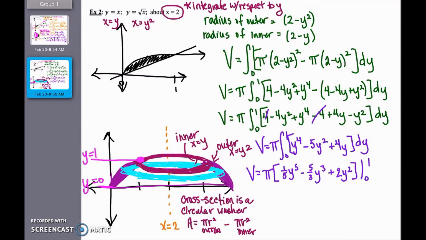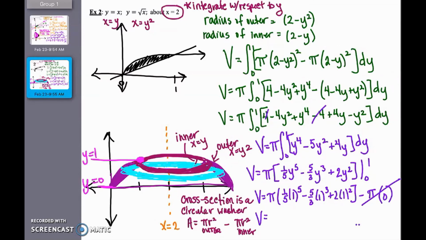Let's plug in our 1 and plug in our 0. So volume is pi times 1/5 times 1 to the fifth, minus 5/3 times 1 cubed, plus 2 times 1 squared, minus pi times, and when we plug 0 in for all those y's, that term just goes away.